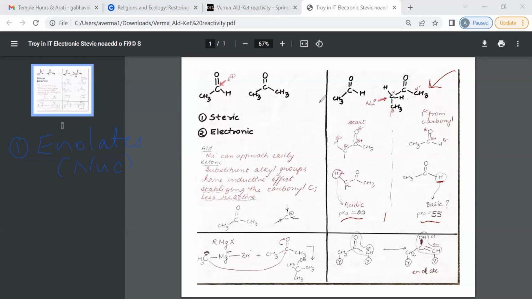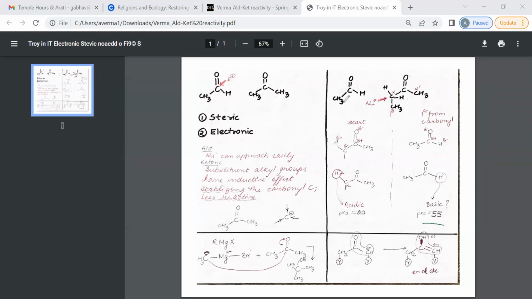So when you have sodium hydroxide, the base, will it abstract the base or will it abstract the acid? It will abstract the acidic hydrogen and not the basic aldehyde hydrogen. This is one of the mistakes that most students make. They forget that the hydrogen of the aldehyde is basic.